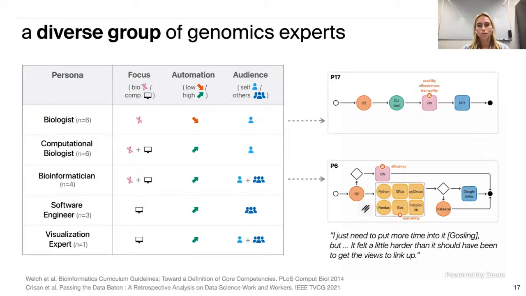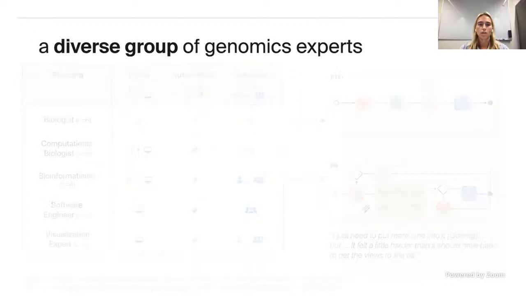One of the aspects we also looked at was the tools that were used in their workflows. And here we see that biologists tend to have more of a linear process and have challenges in usability and effectiveness of GUI tools. Whereas bioinformaticians use more coding approaches and therefore also express challenges related to learning complex coding languages.